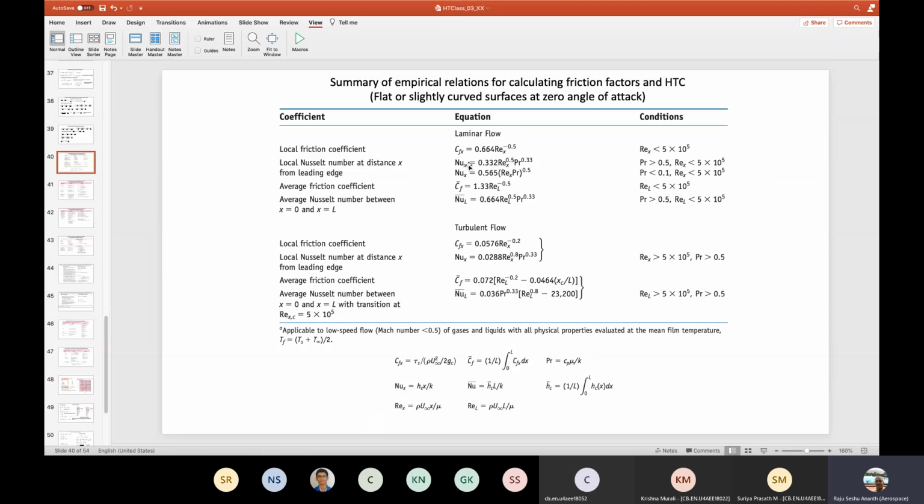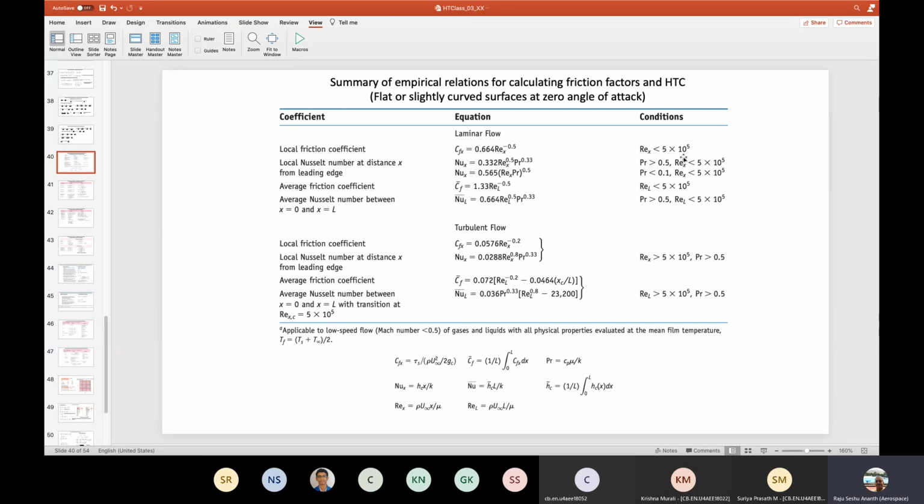Okay, so Prandtl number to the 1/3 is only 0.33. That came in because it seems to fit a large range of Prandtl numbers. The Nusselt number can be two different ones.